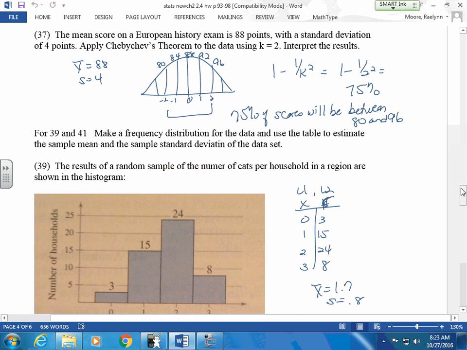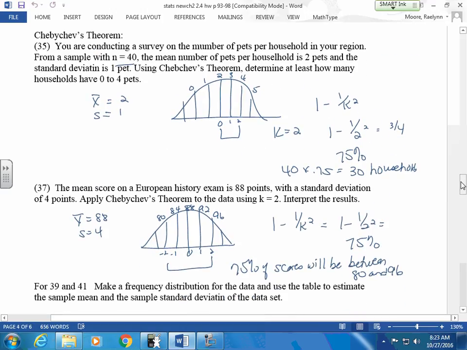Chebyshev's theorem is a little bit different. Chebyshev says this is not a normal curve. You have a skewed curve. I really can't use the plus or minus 1, plus or minus 2, plus or minus 3 because it doesn't fall symmetrically. But I still need to set this up so that I can see what numbers I'm looking at, and then I'm going to find the standard deviations and use his formula. It says you are conducting a survey on the number of pets per household in your region.